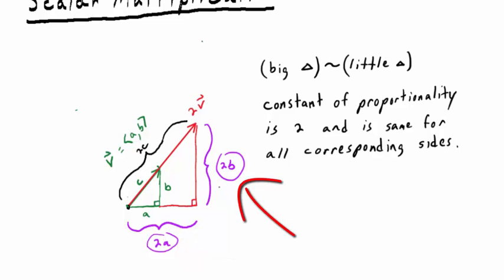This is the vertical component of the vector 2V. So that's it. Visually we've shown how we should perform scalar multiplication symbolically, right?